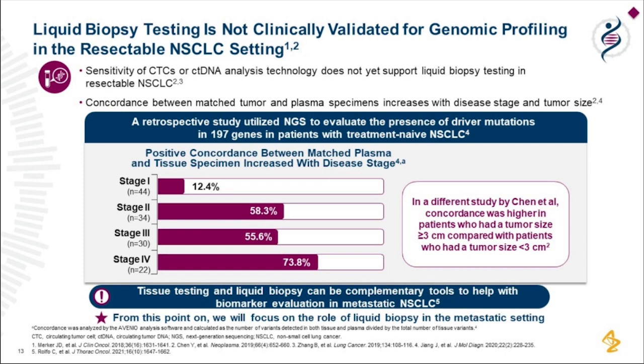Positive concordance between matched plasma and tissue increased with disease stage, which of course we would expect. Stage 1, we're looking at 12%. Stage 2, a little over 58%. And stage 3 is around 55, 56%. But once you get to stage 4, you're looking at almost 74%. So tissue testing and liquid biopsy can be complementary tools to help with biomarker evaluation.